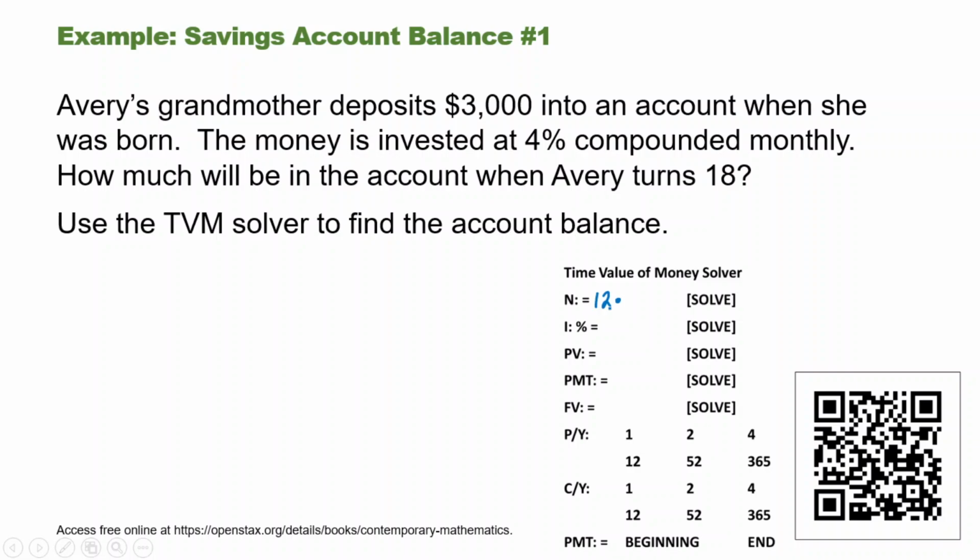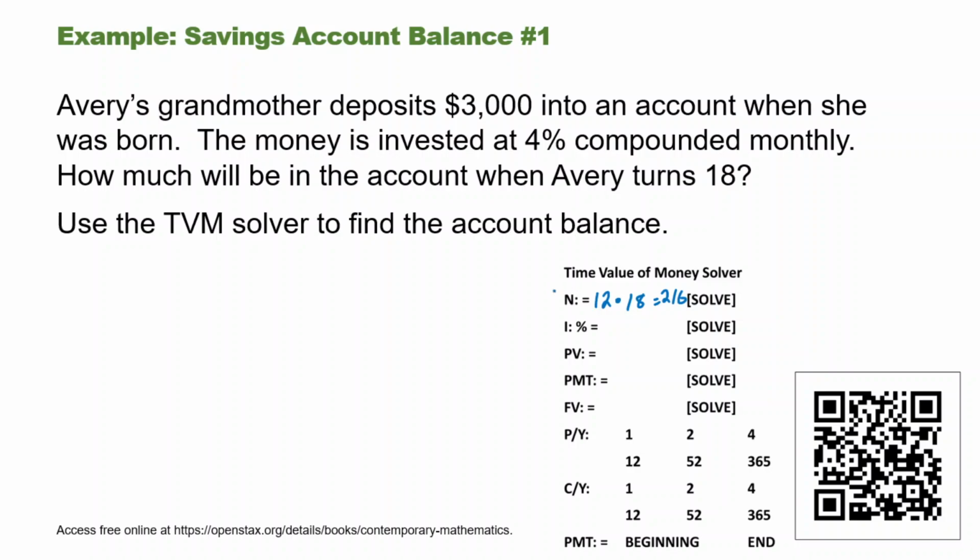Well, when Avery was born, Avery turns 18. So the number of years is 18. So capital N is equal to 12 times 18, which is equal to 216.